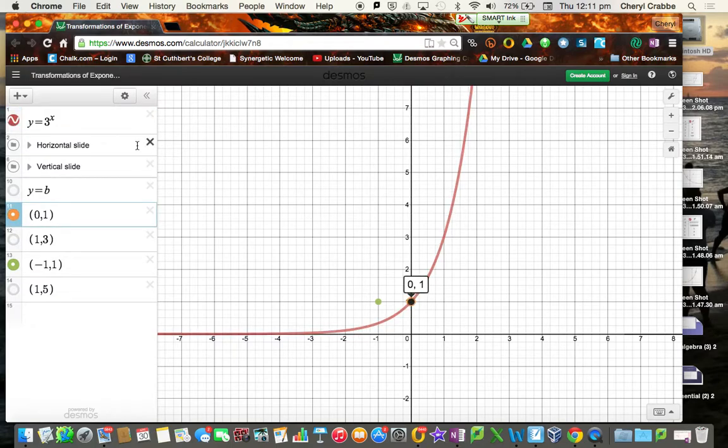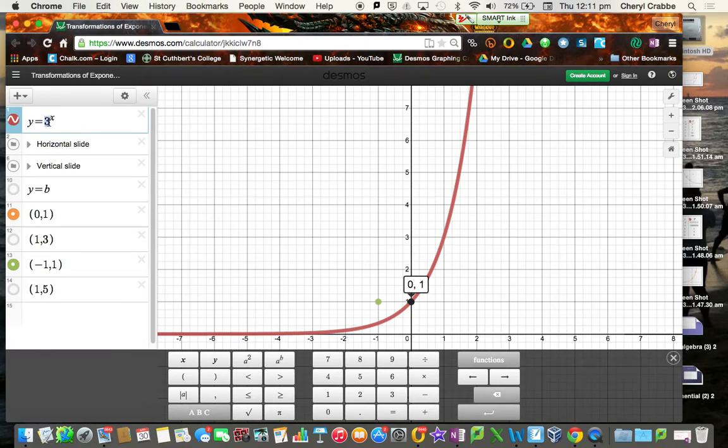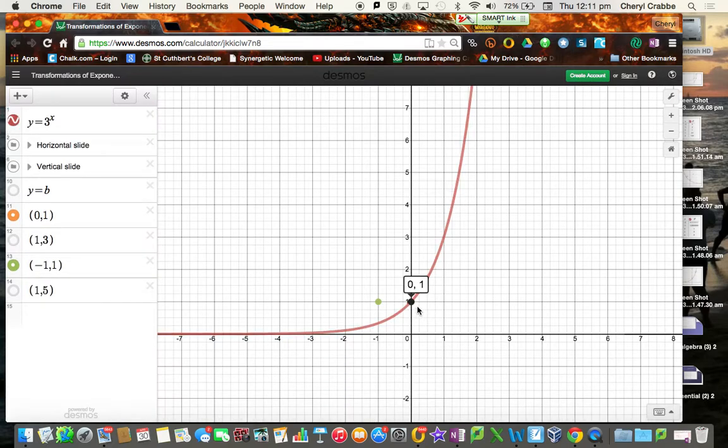And that makes sense because if we substitute in 0 for x, we get 3 to the exponent 0, which is going to be 1. That's 1, and it doesn't matter what that number is. The 3 could be 4, could be 6, could be anything. If we put a 0 in for x, we're always going to get 1. So these parent functions always have a point at (0, 1). And in this case, it's a growth curve.